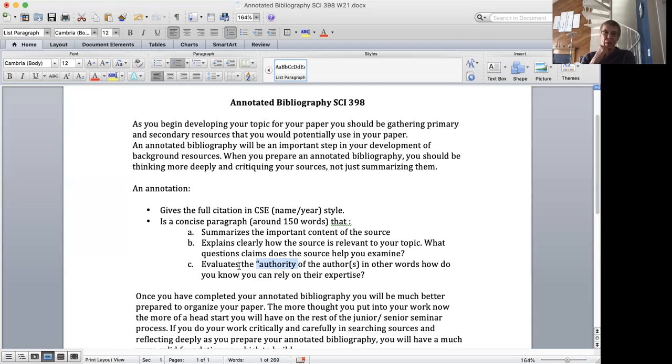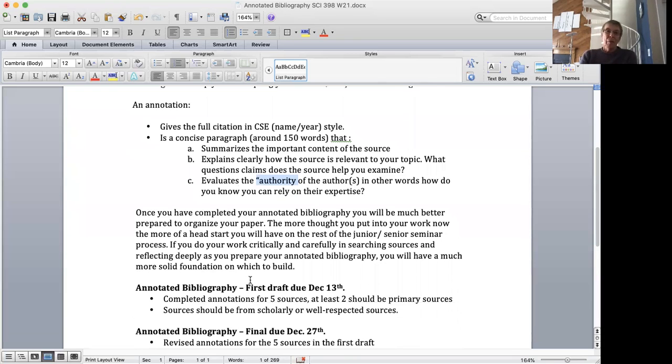So start to get used to looking to see if this seems like a good, solid, reputable group doing the work that you're using. As you prepare your annotated bibliography, this is really going to help you organize your paper, because you'll be thinking about what am I going to need in my introduction?